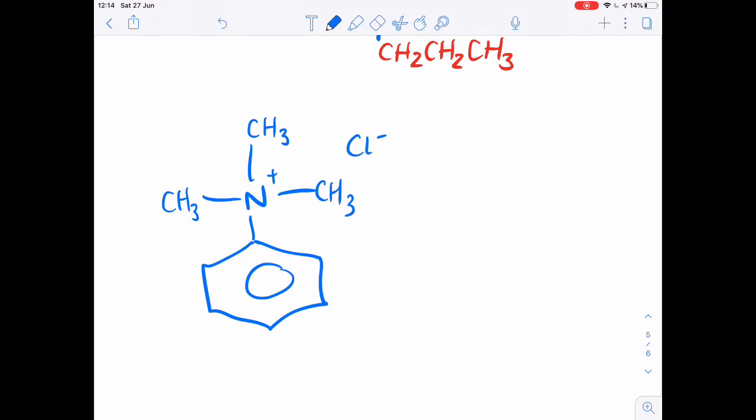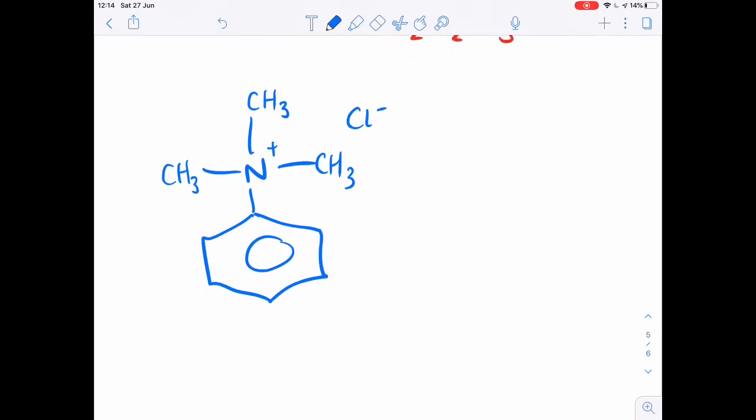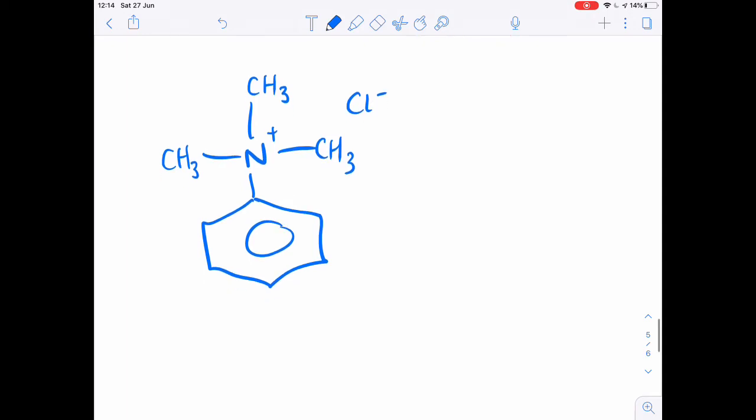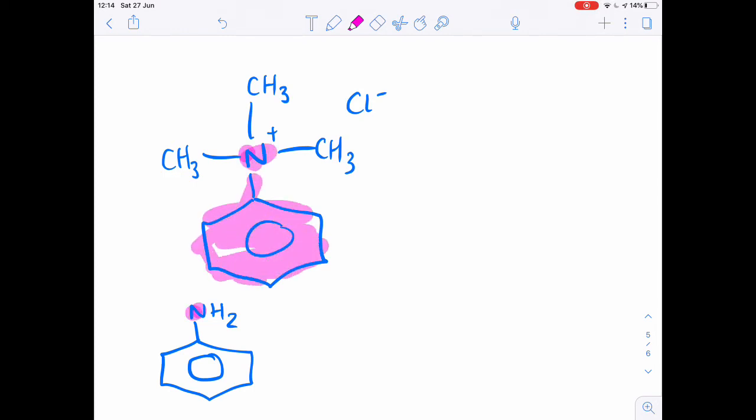And it would say, name the conditions and the reagents used to form this from phenylamine. So if the question told you were starting with phenylamine and it asks you for the reagents and conditions, what you need to identify is the phenylamine part is this part, isn't it? This bit. This is our phenylamine part that was here.